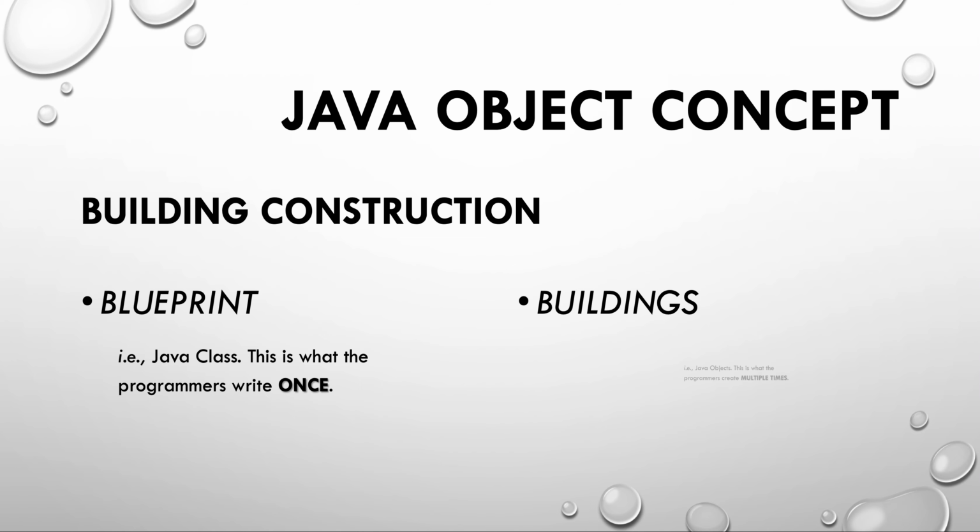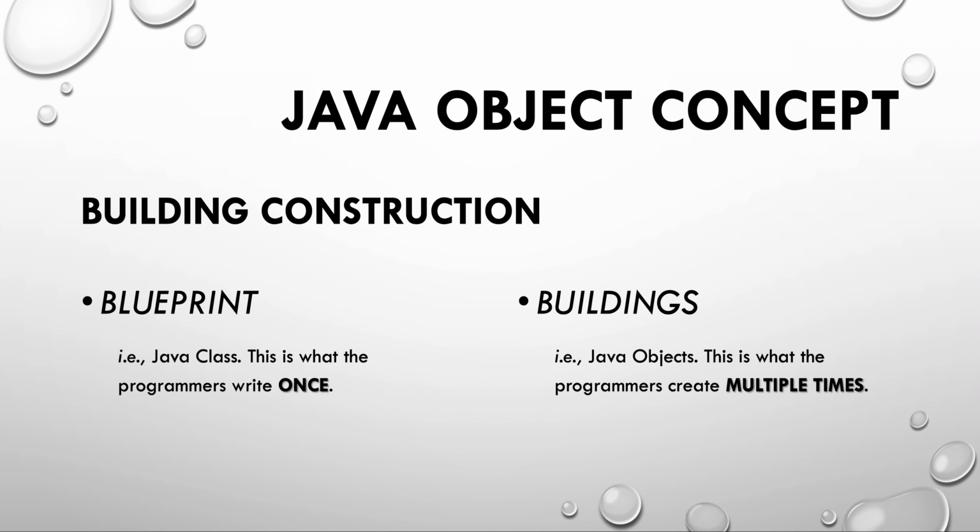These buildings represent the Java objects. This is what the programmers create multiple times, logically, virtually. Even though there are 10 objects, you won't see them. What you only see is the Java class that the programmer writes.